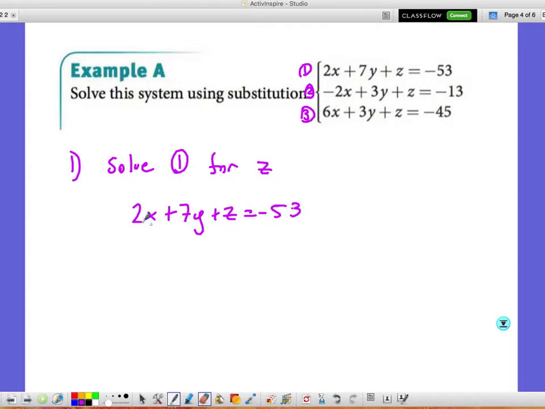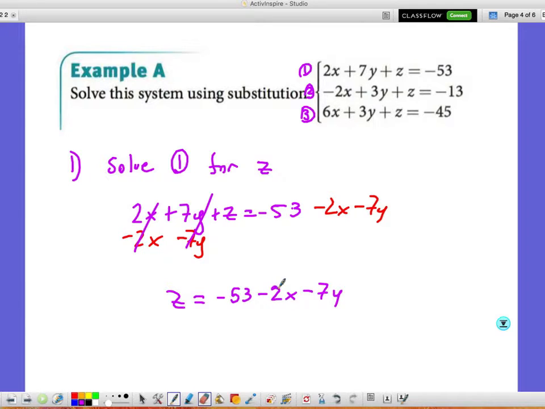To solve for z, I subtract 2x and subtract 7y to the other side, so z is equal to negative 53 minus 2x minus 7y. This becomes our new equation 1.